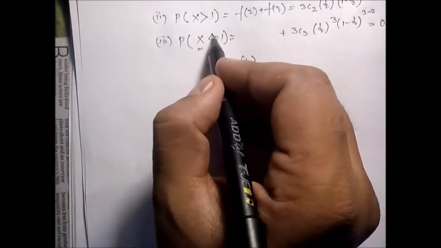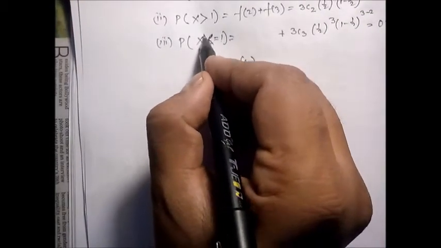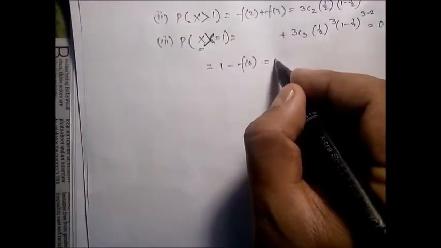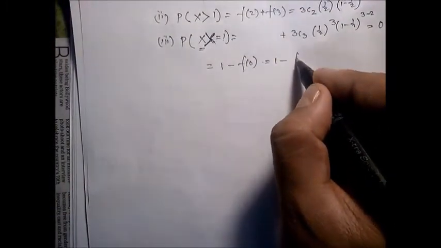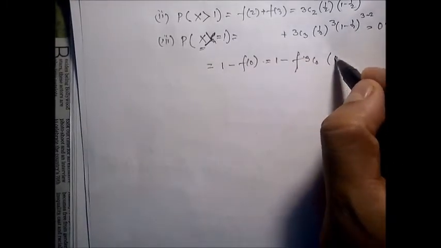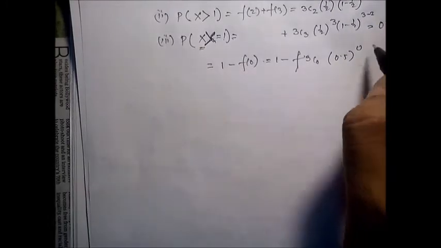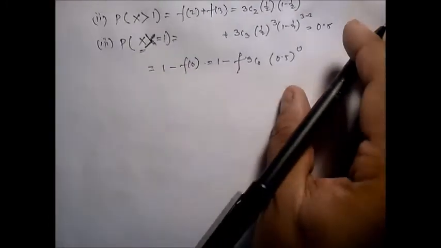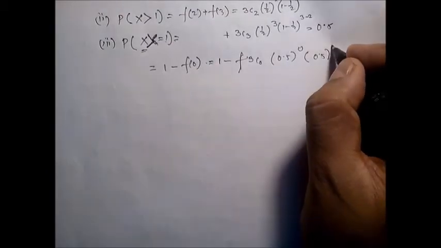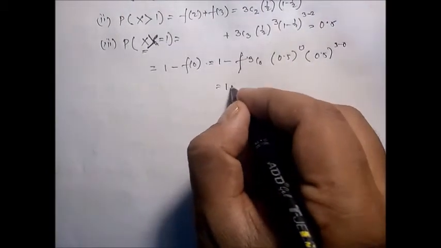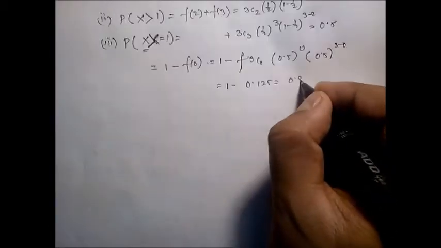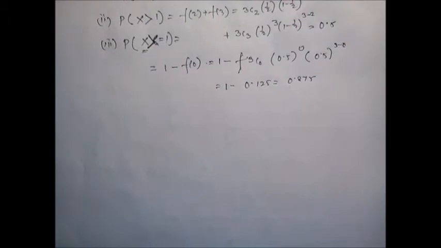So you can write it this way: 1 minus f0. f0 means 3C0 (0.5)^0, so 1/2 is 0.5, and another 0.5 to the power 3 minus 0. So 1 minus 0.125, which is 0.875.